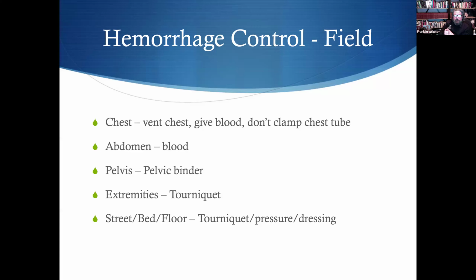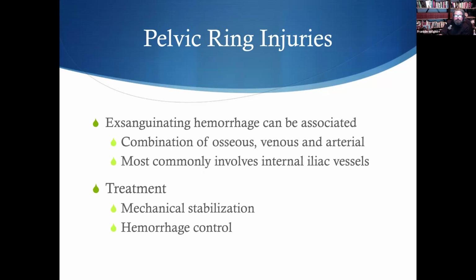No one's come up with a good system yet to even temporize abdominal bleeding from a mechanical standpoint. Pelvic bleeding, we can fix. We'll talk about binders. Extremities, we can fix. We'll talk about tourniquets. And then external bleeding, again, street, bed, floor, combination tourniquets, pressure, putting direct manual pressure, putting a dressing on the wound can limit that bleeding.